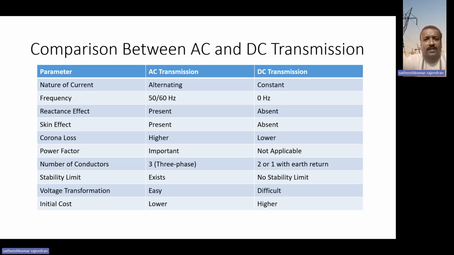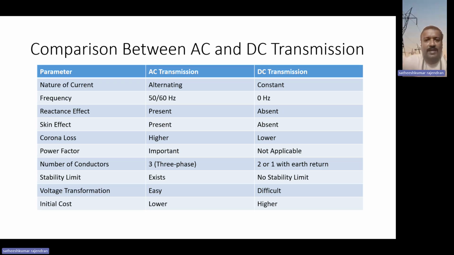Next, in our previous slides, we discussed what AC transmission and DC transmission are, and where we are using them. Now we are going to compare both transmissions' parameters. First parameter is nature of current.